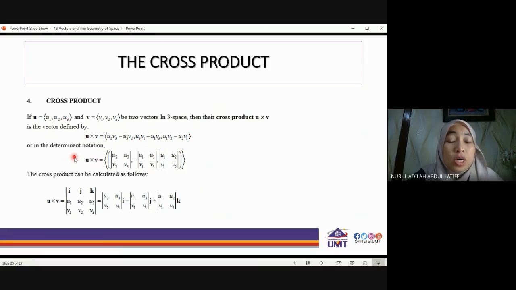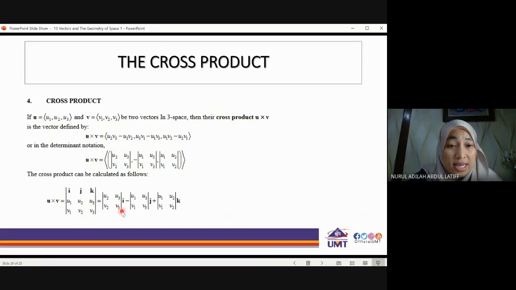Alright, so because we have learned the matrices, I think it is simpler for you to see it as the product of u cross v. You can put it as the determinant notation. See this example, u times v, which is i, j, k, you arrange it as u1, u2, u3, v1, v2, v3.